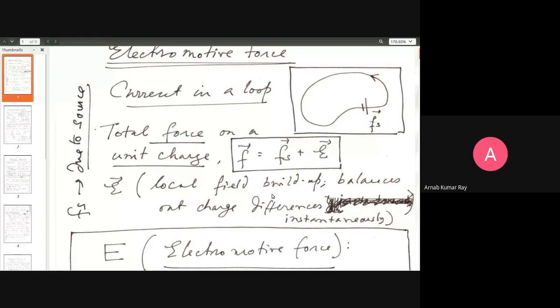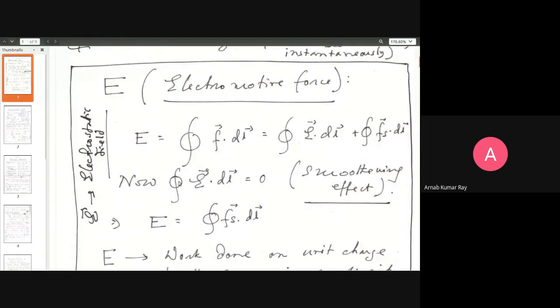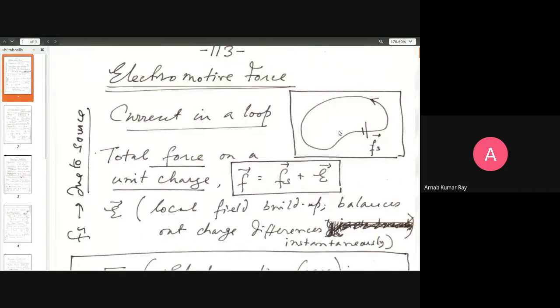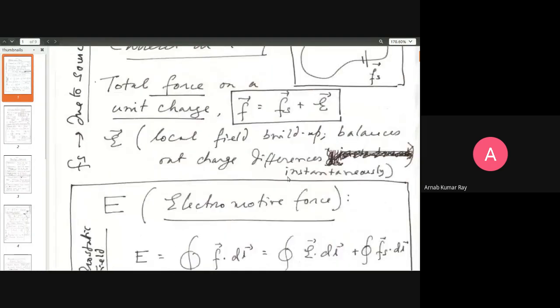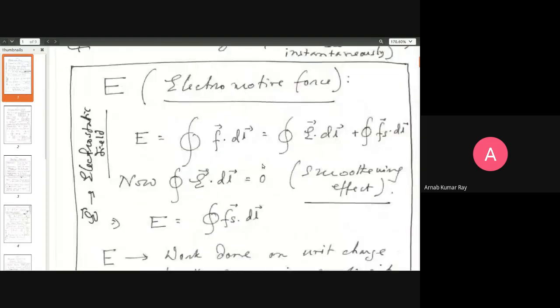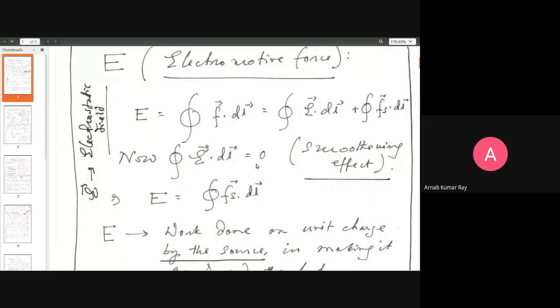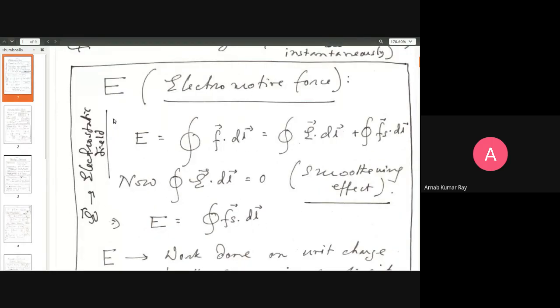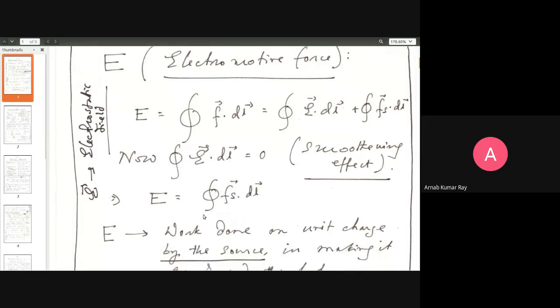But that electric field, you know, when you integrate a static electric field over a closed loop, it will be zero. So this is due to the smoothing effect that you have. Therefore, this E dot dl part will vanish, and so you are simply left with the Roman upright E equal to the closed integral of Fs dot dl.